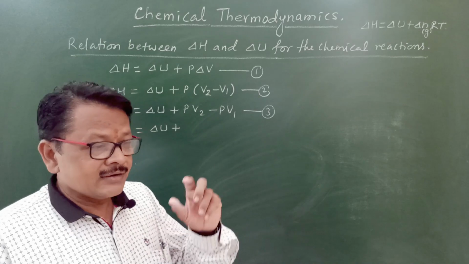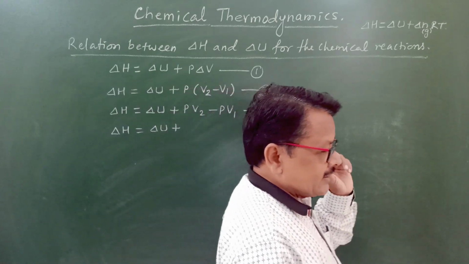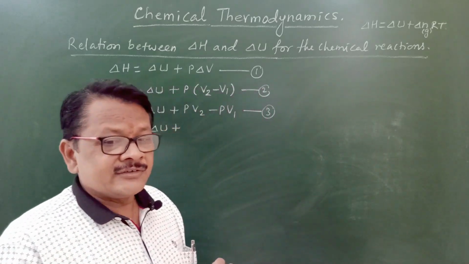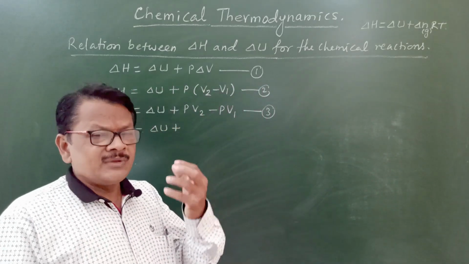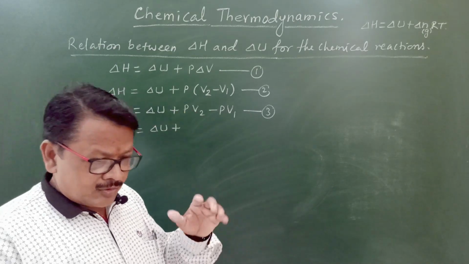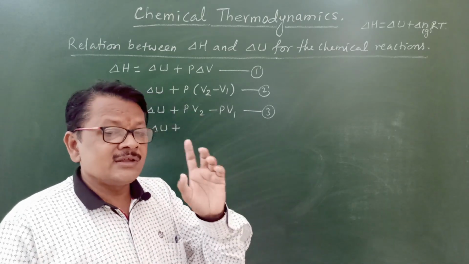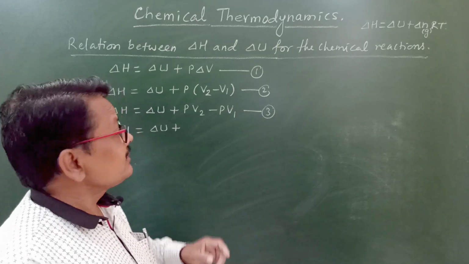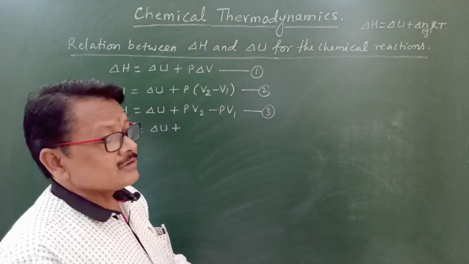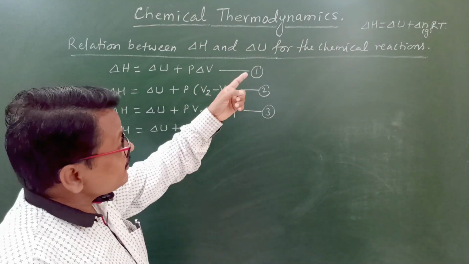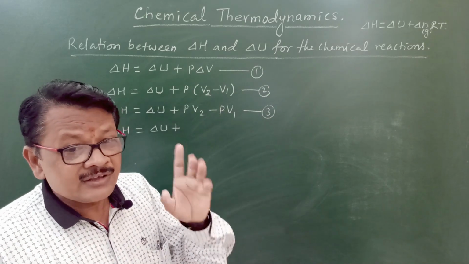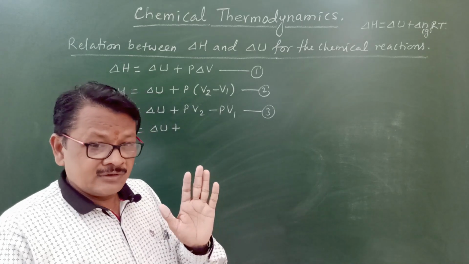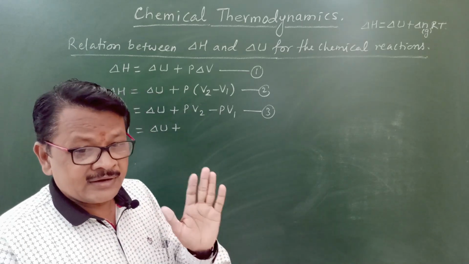But when one of the reactants or one of the products, or more than one, are present in gaseous state, then how can that relation be written for delta H and delta U? At that time, change in volume cannot be neglected. Change in volume of the gaseous substances cannot be neglected.